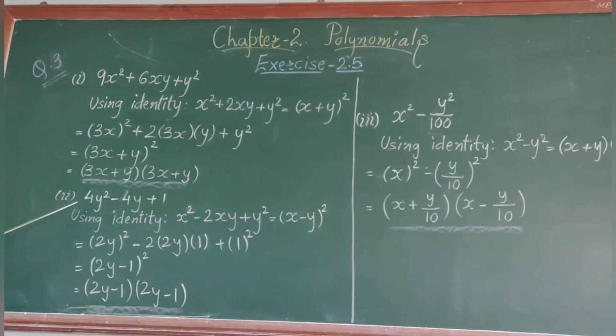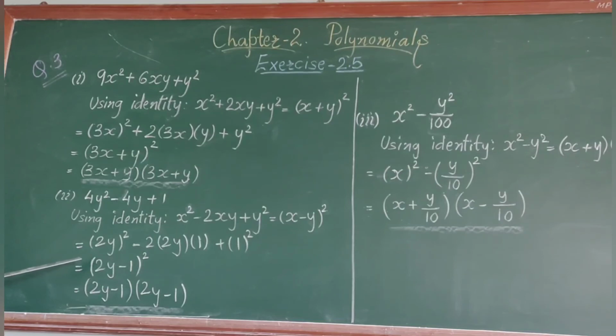Second question. 4y square minus 4y plus 1. Again you can see there are 3 terms and the middle term has a minus sign. So we use the second identity, the perfect square identity for subtraction: x square minus 2xy plus y square equals (x minus y) whole square.